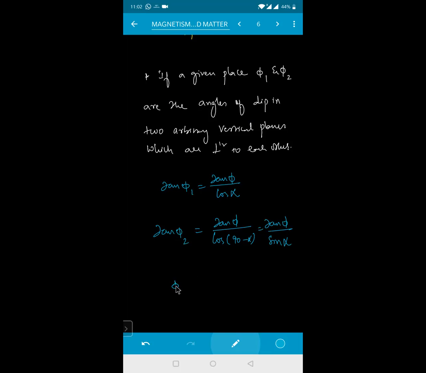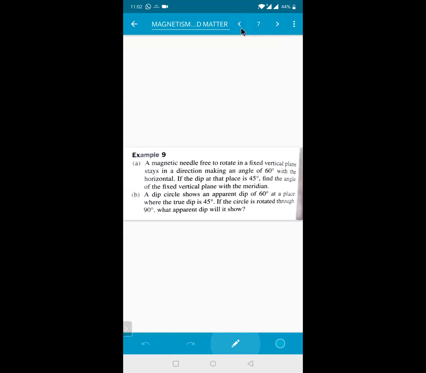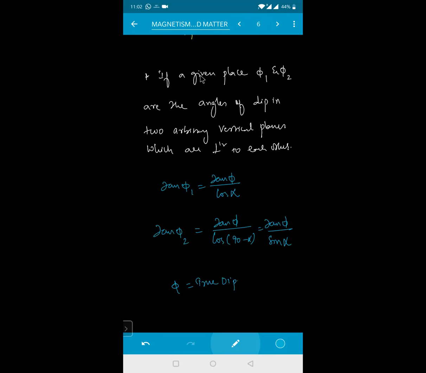What is the phi here? Phi is your true dip. Clear? So these are the important derivations you need to remember in these given conditions. Now, what do we mean by arbitrary? It means any position, anywhere. When you're talking about the declination at Delhi, Hyderabad, Kolkata, Bangalore, taking the Earth's magnetic field, it will be making different angles.